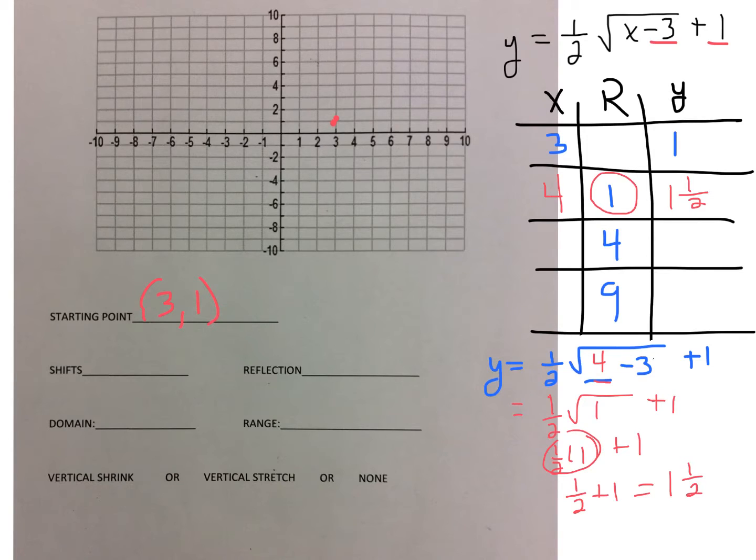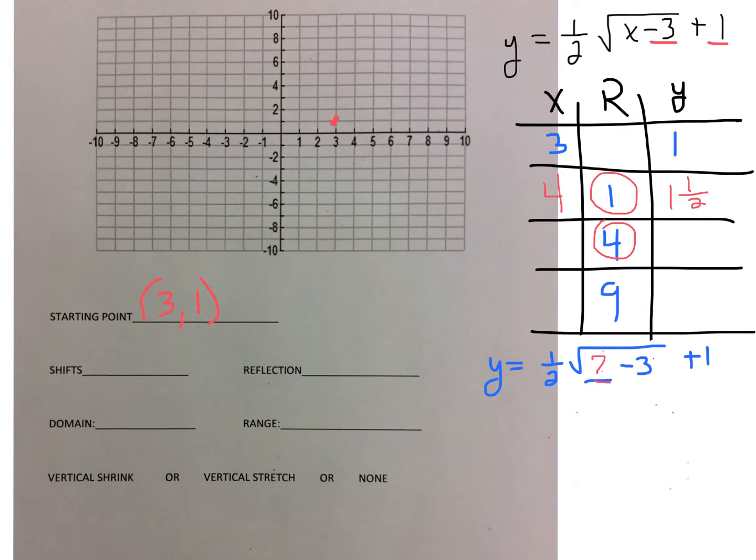Now from here, I'm going to clear this out. Now, let's think of the next one. I want 4 under the radical. So what minus 3 is 4?